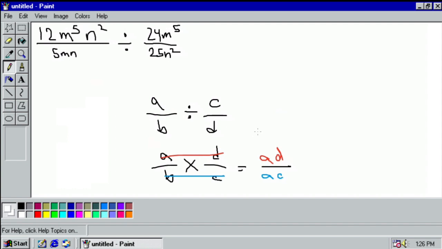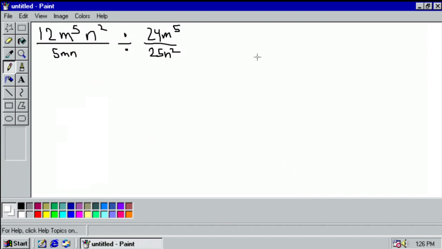The butterfly method is just the same, but we're gonna do it diagonally. So A, D, and B, C. By the way, this is BC, not AC. I did it wrong. So okay, now let's start.